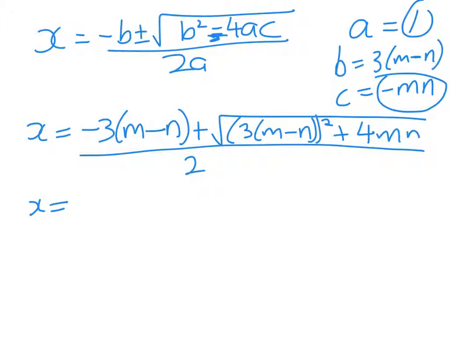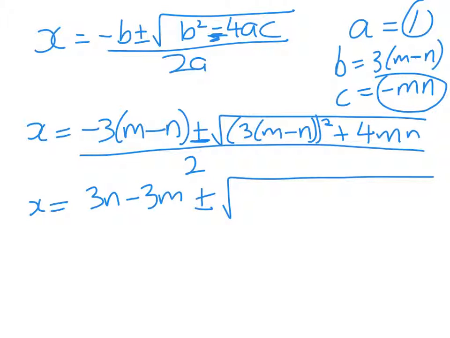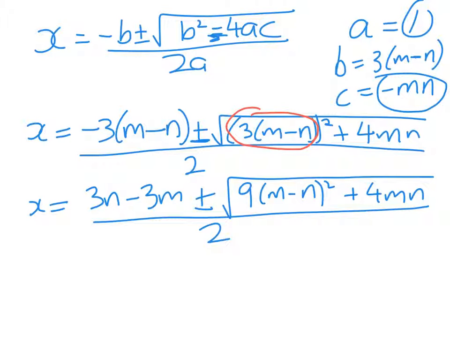Well, x is equal to 3n minus 3m plus or minus this thing here. Just be careful with squaring all of that. So this is going to be 9 times m minus n squared plus 4mn over 2. We'll just leave it like that for now.